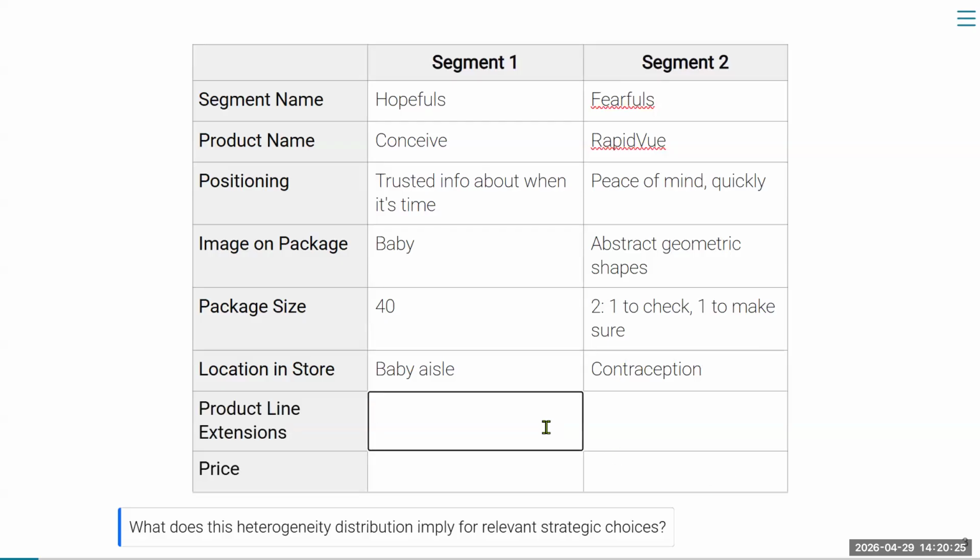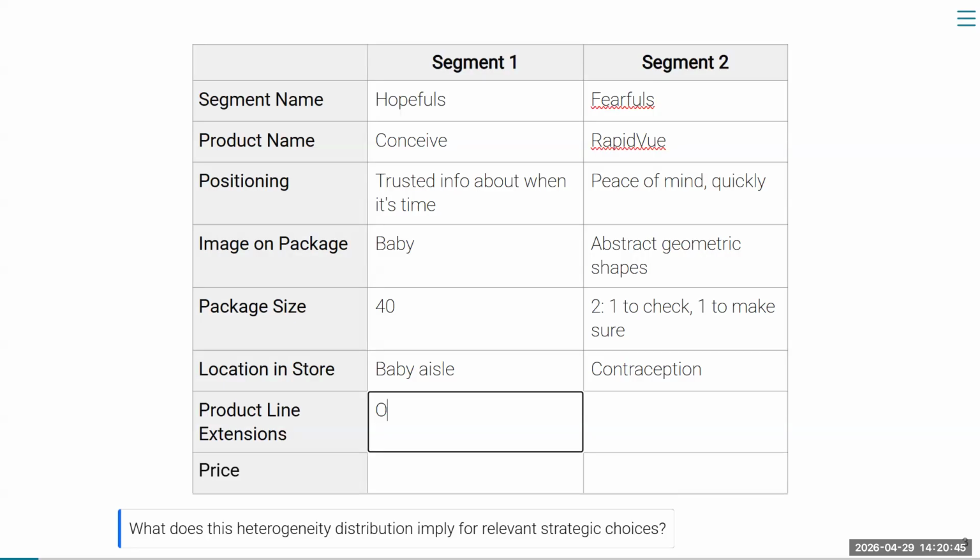Now, both of these products were quite successful, and the brands were extended to additional related categories. So what other products, test strips in particular, could you put under the Conceive brand name? Is it me or is it him?